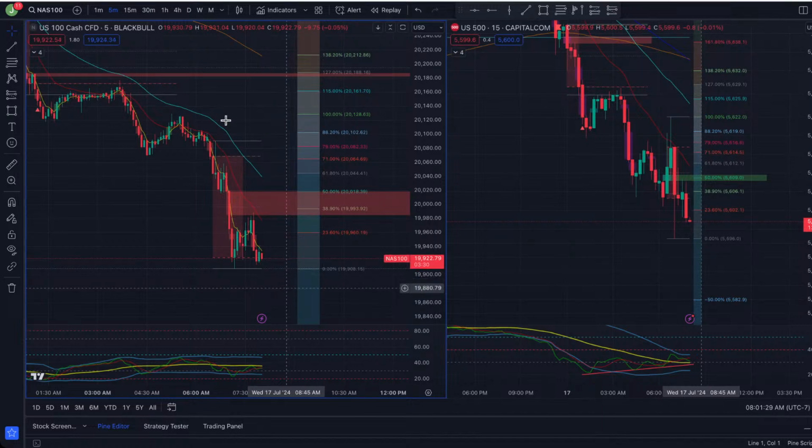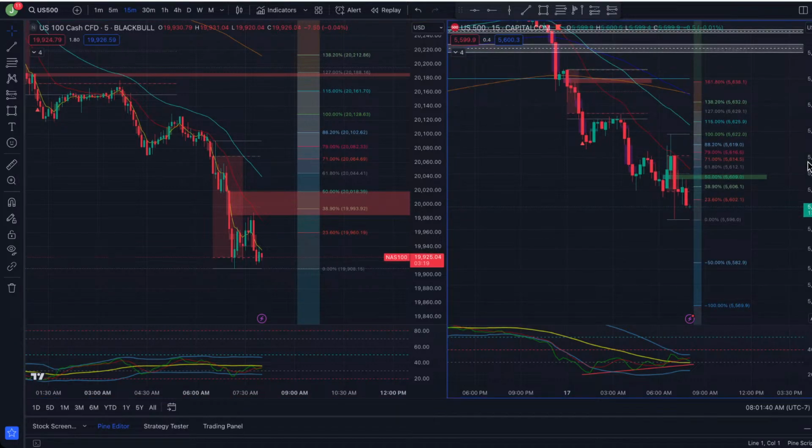And we'll eventually get into the back end in future sessions. Right now we just want to focus on the indicator and focus on the charts. Just patiently waiting for that confirmation.